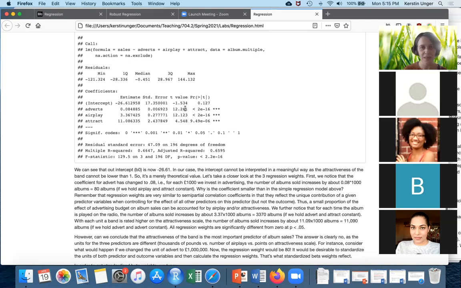This is the corresponding t-value, which is simply our estimate divided by the standard error.